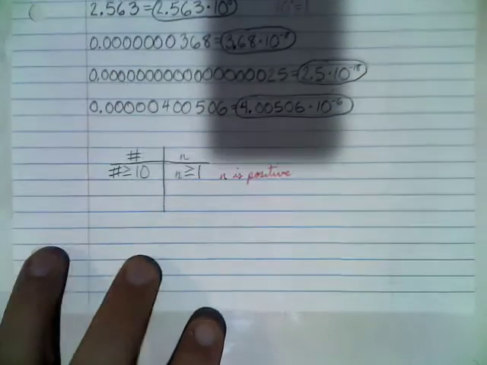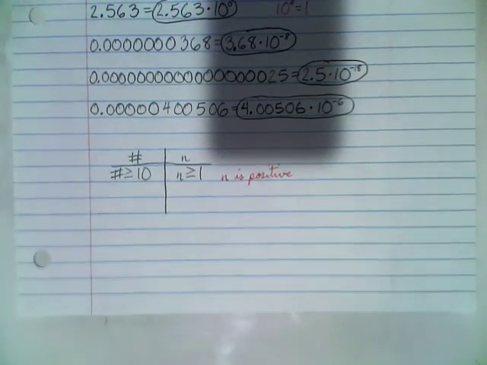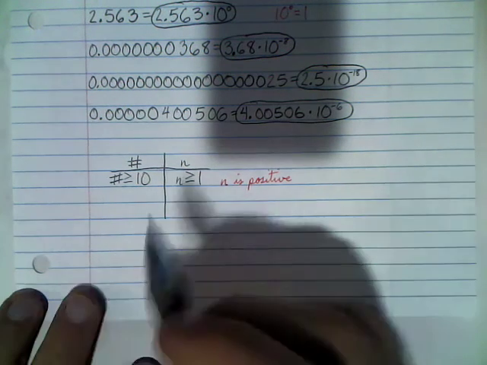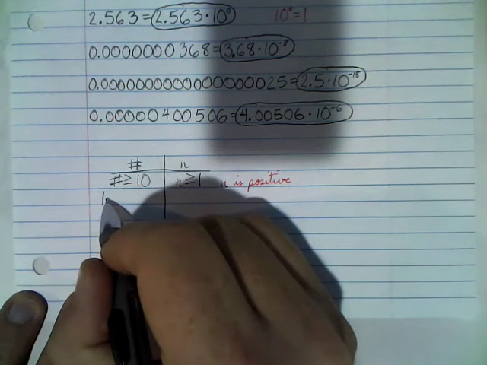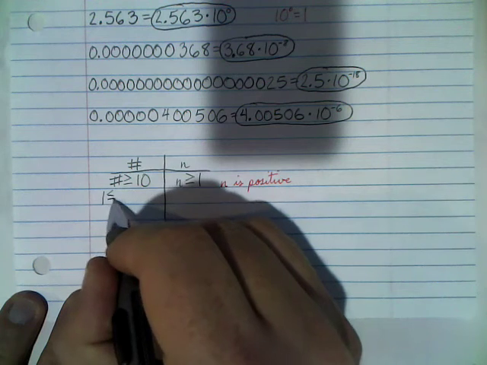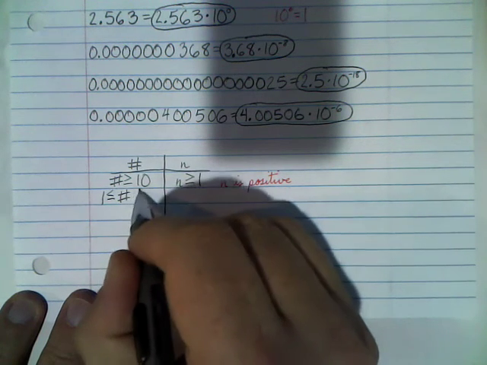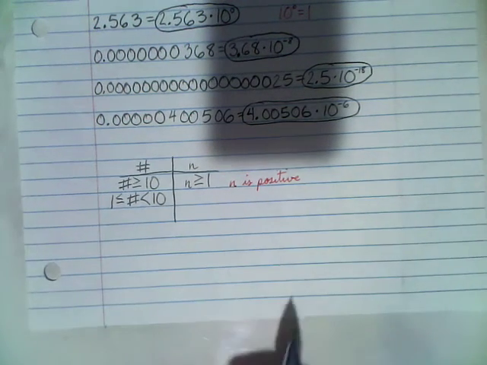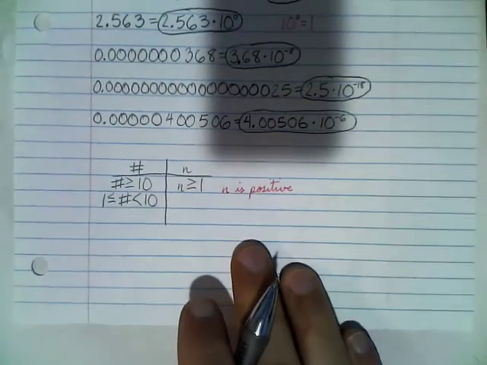So if you have more than one whole number digit in your original, n will be positive. If you have just a single whole number digit, and here you'll recognize that this basically looks the same as the definition of A up top.